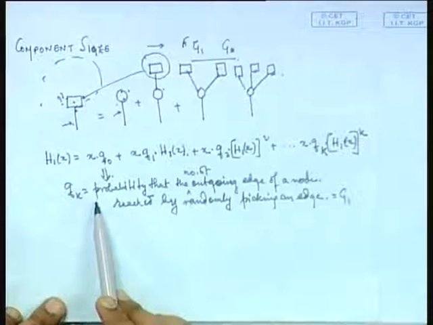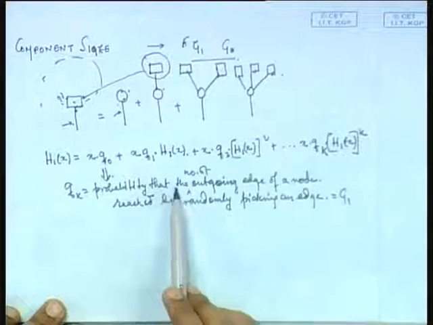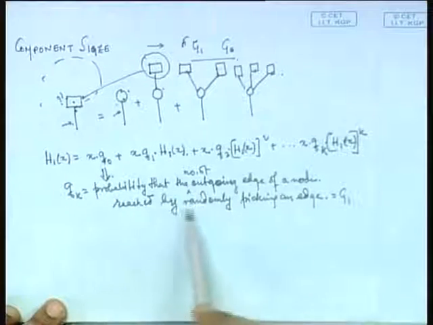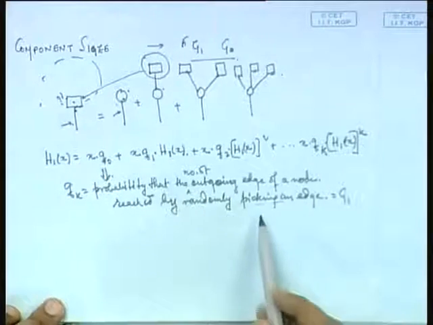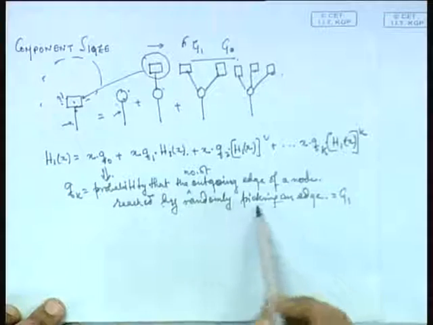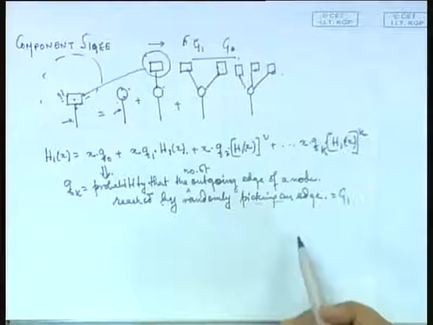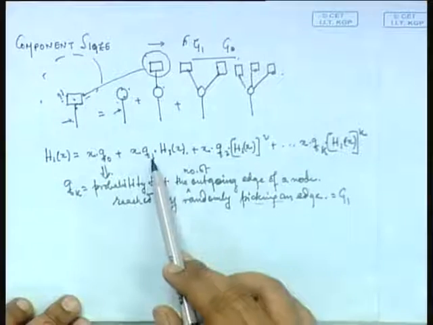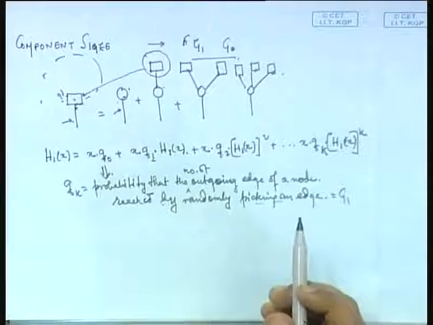What is q_k? The probability that the number of outgoing edges of a node reached by randomly picking an edge, that is exactly what G1 is. So, the coefficients are coefficients of G1.